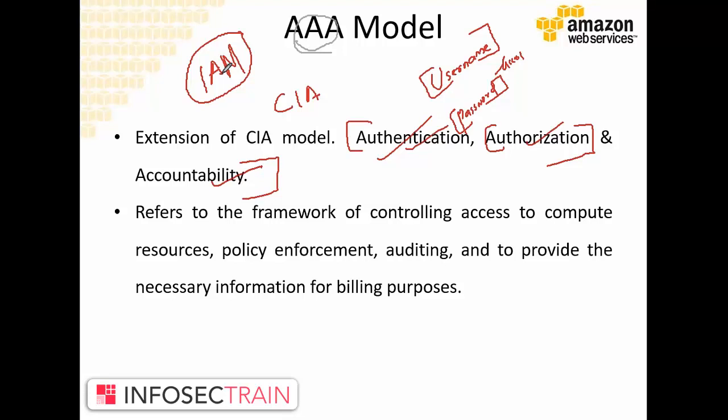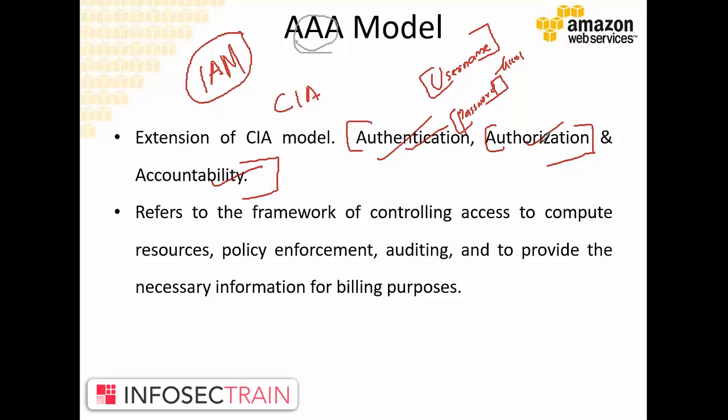Is that clear? The last factor in the AAA model is accountability. When I log into my account, I enter my username and password and I'm authenticated, then I can use only specific resources, which is authorization.